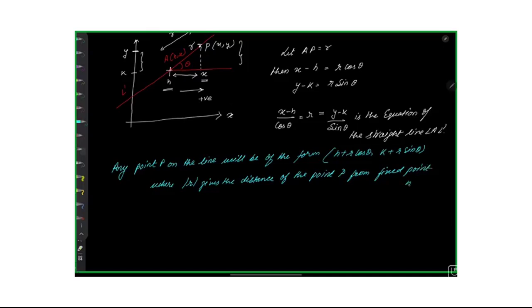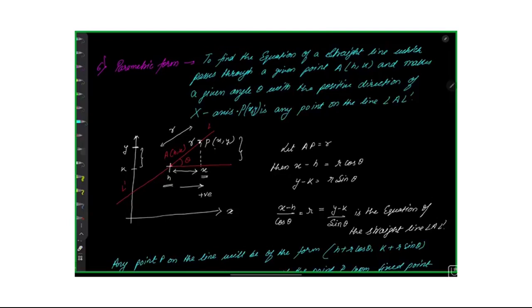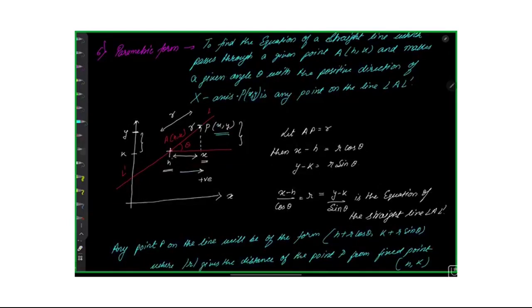Right? Very easy to understand because any point P, which is x comma y, can be written as h plus r cos theta, comma, k plus r sin theta. And depending on that r, the point will move. If r is more, the point will go much farther. If r is small, the point will be nearer to the point A.